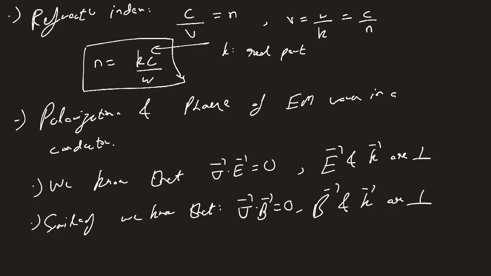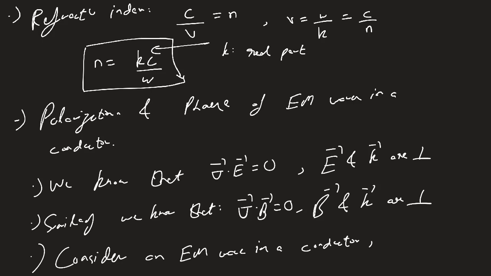So now consider an electromagnetic wave in a conductor. ठीक है? And let's just choose a polarization. So polarized along the x-axis. ठीक है? Let's pick an electromagnetic wave polarized along the x-axis.